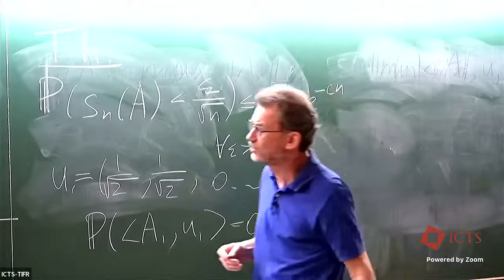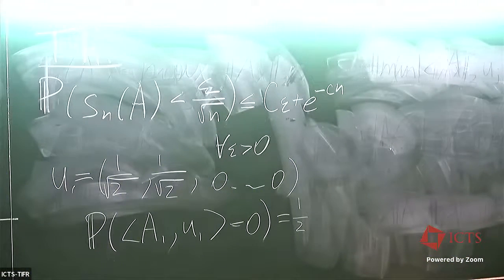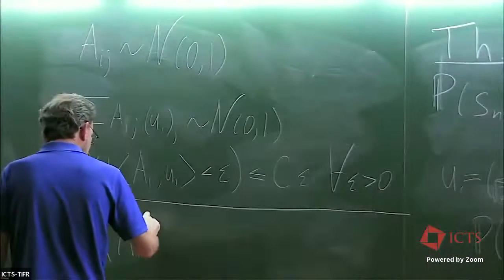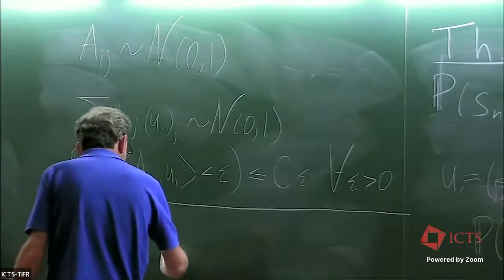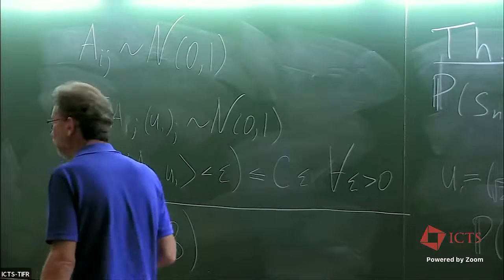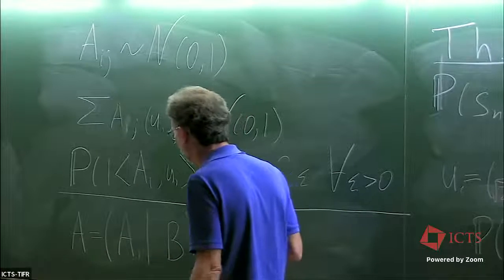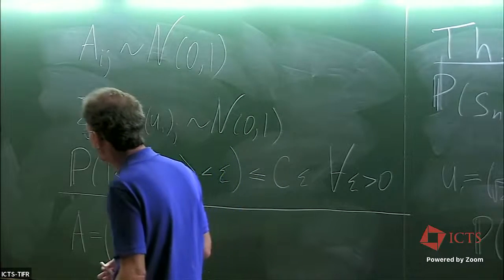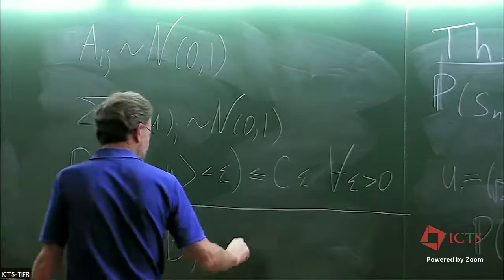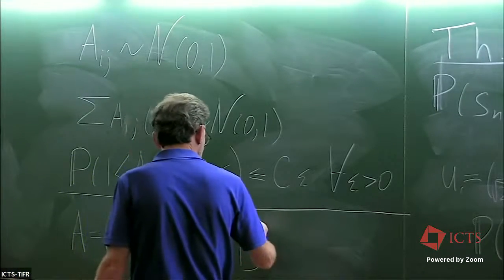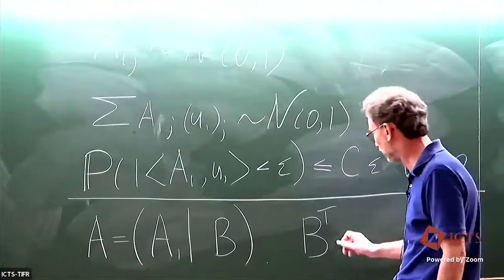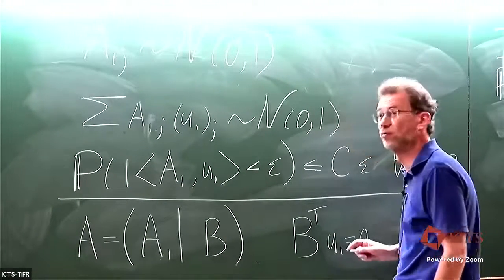Let's look at this condition and write it in a clever way. Let me write the matrix A. This is A1, and then the other columns, and I call the other columns B. So B is an n by n minus 1 matrix. And then this condition means that B transposed U1 is 0.